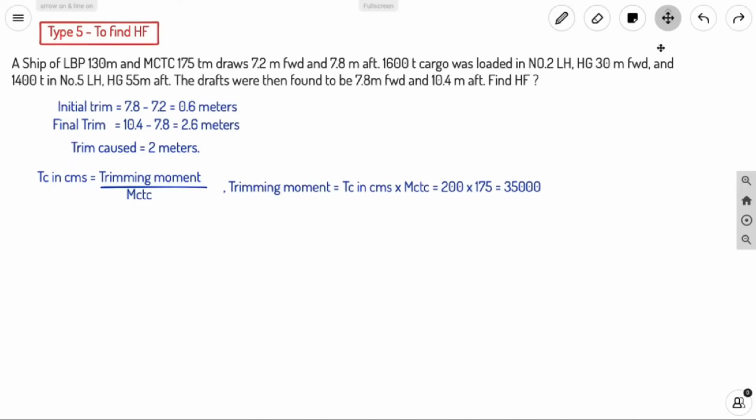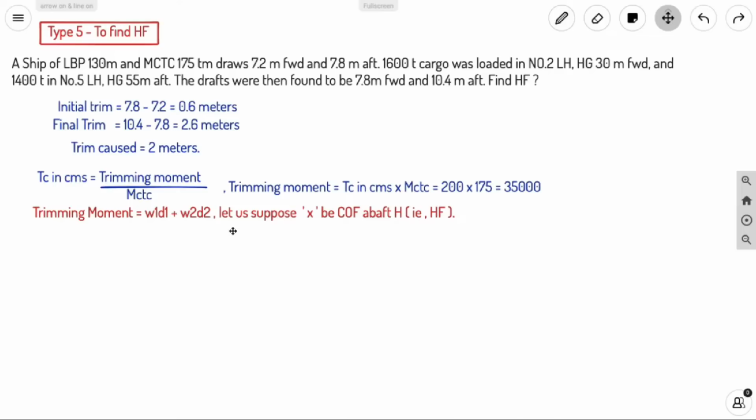So we can say 35,000. That's your trimming moment. Next, we know the whole trimming moment when we have two weights, that's 1600 ton cargo and 1400 ton cargo. The whole trimming moment will be W1D1 plus W2D2. Let us suppose we don't know the distance of center of flotation from aft perpendicular, or from the midship also.